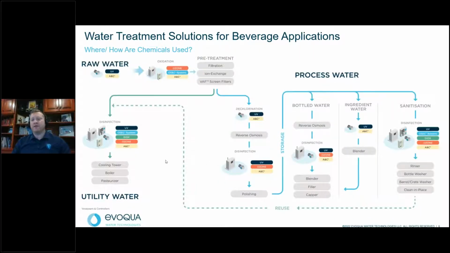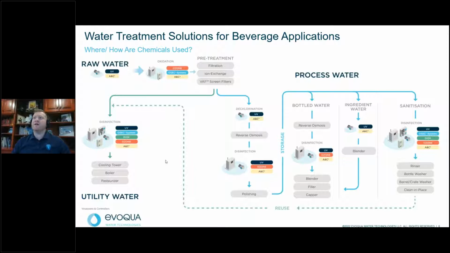For each beverage facility, these diagrams will certainly differ, but this process map is to give a nice simple overview of where the disinfected water can be used within the process. If chloramines are present, different processes are used, and care should always be given to that type of design.